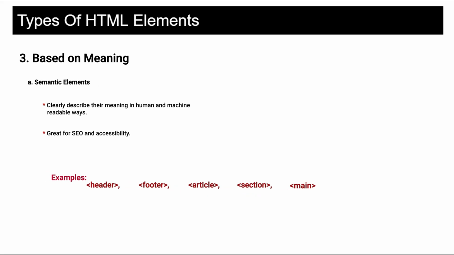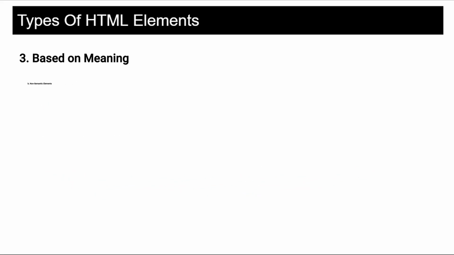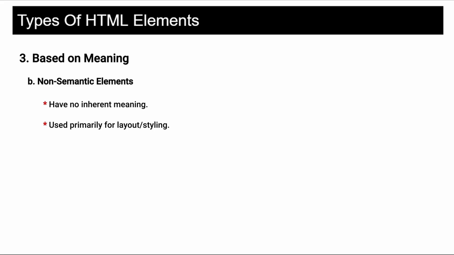And the second phase is the non-semantic elements. These elements have no inherent meaning, and they are also used primarily for layout and styling. An example I can give is the div, span, and others. So get this tip.